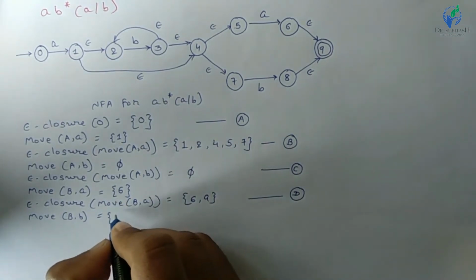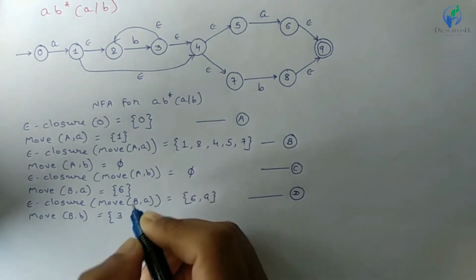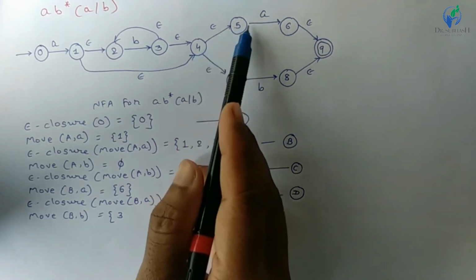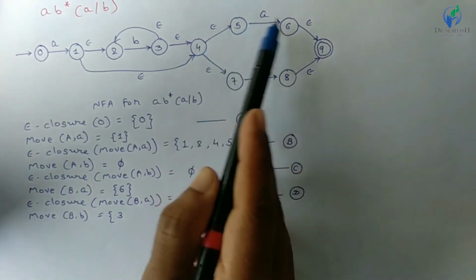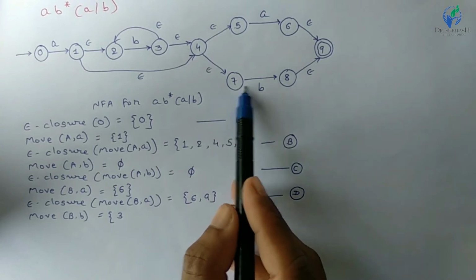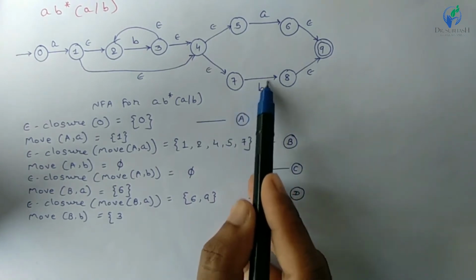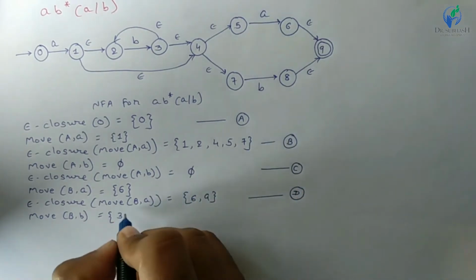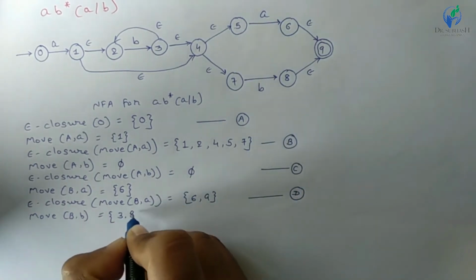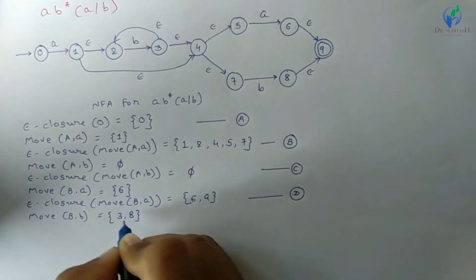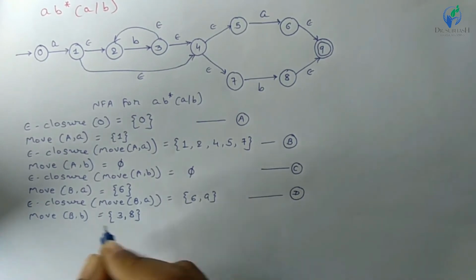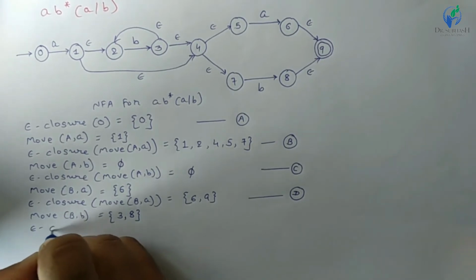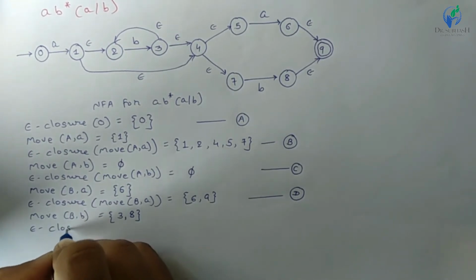From 2 on b, it is 3, and from 7 on b, which is 8. So move(B, b) equals 3 and 8. Now find epsilon closure of move(B, b).